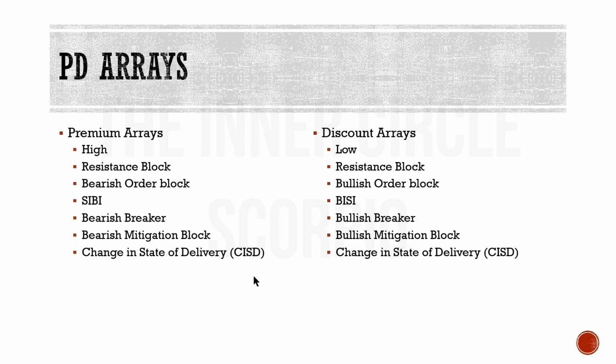Let's look at the premium arrays first. We make a high, we make a resistance block. All of this is made in succession. When the reversal starts, we talked about smart money reversals and all the different kinds of reversals, where the market goes to some point and then reverses from that point. Whenever there is a reversal from a higher point, we make premium arrays in this succession.